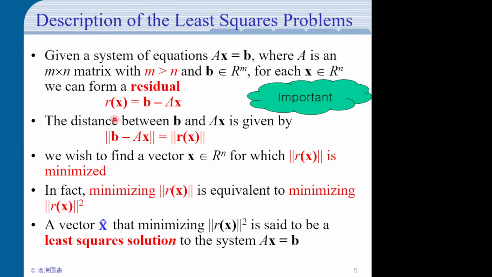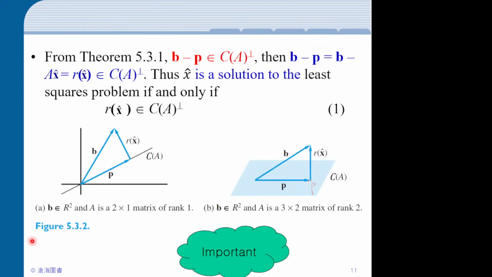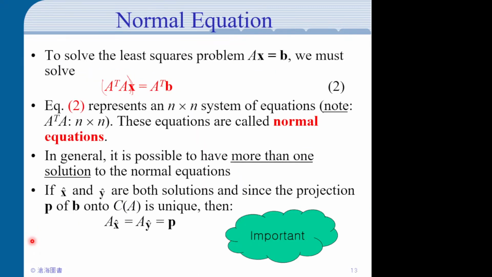You want to minimize the norm of this vector, so basically you want to minimize the norm of Rx squared. We had a lot of derivation, and in the end what we found is that we want to solve this normal equation. So instead of Ax equal to b, you want to solve A transpose A x equal to A transpose b.